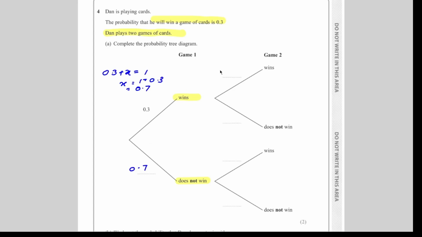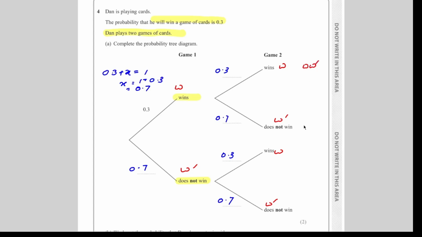Then here again 0.3, 0.7. Let's label win as W and does not win as W dash. W, W dash, W, W dash. So the result here will be W, W dash.